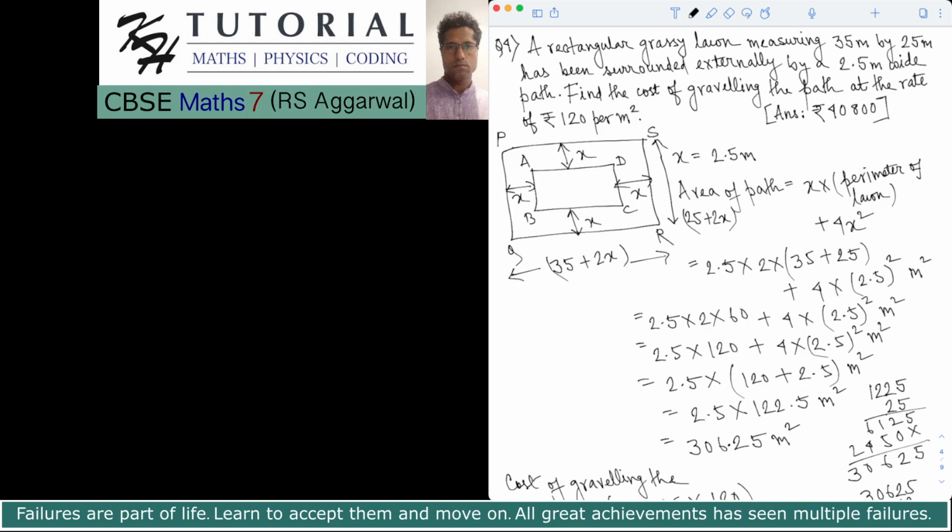So we are taking common 2.5. So this becomes 2.5 multiplied by 120 plus, I made a mistake over here. This is not 2.5, but 4 into 2.5.